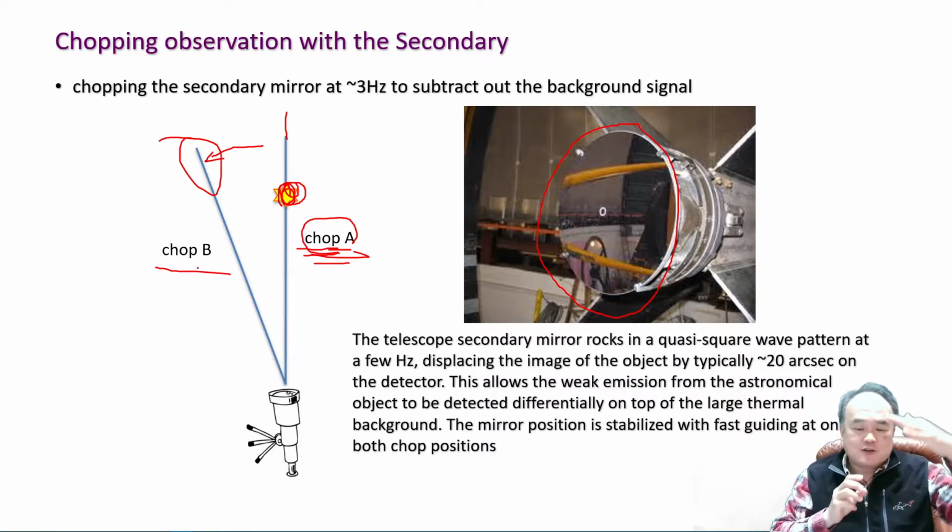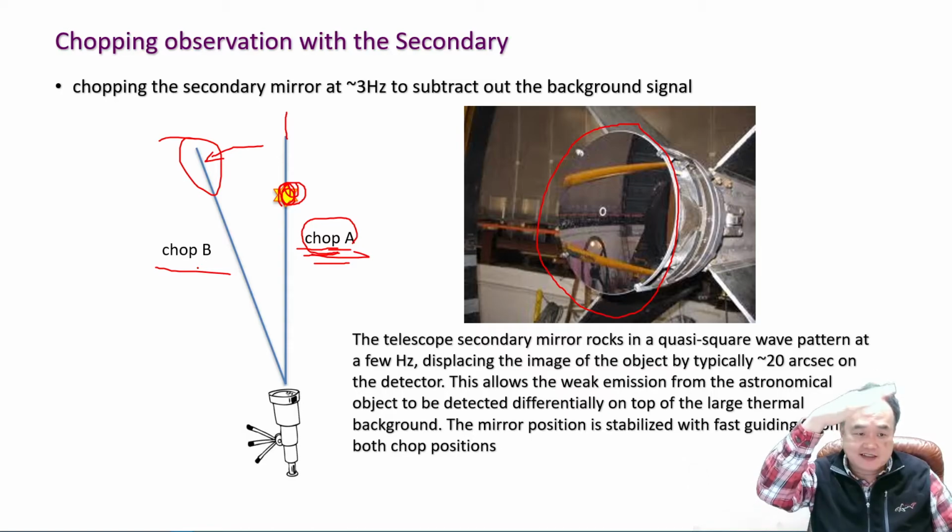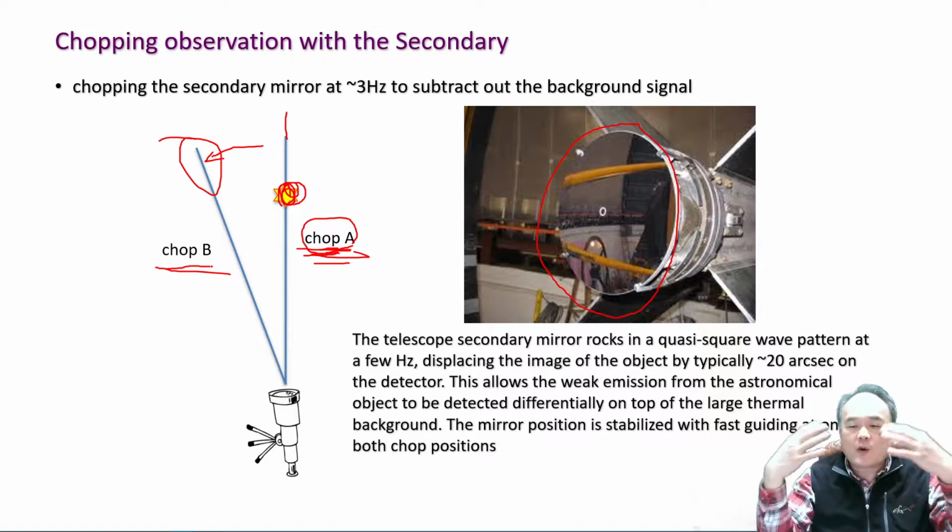Okay, so to do this, the secondary mirror rattles a few times a second. So they're rapidly changing between chop A, the direction of A, and the direction of B, and then taking that co-added frame.